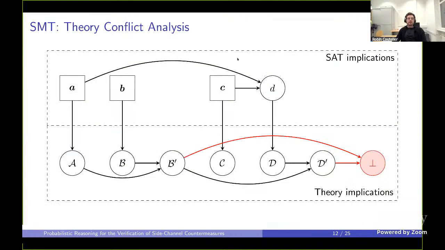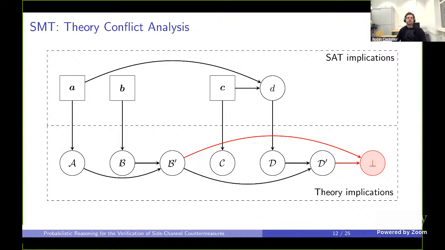So this is kind of what it looks like. The SAT solver has a simplified version of the problem, which are the lowercase letters. And then the uppercase letters represent what the theory reasoner knows. Okay. So if the SAT solver says A is true, then the theory reasoner will say, okay, A is true.